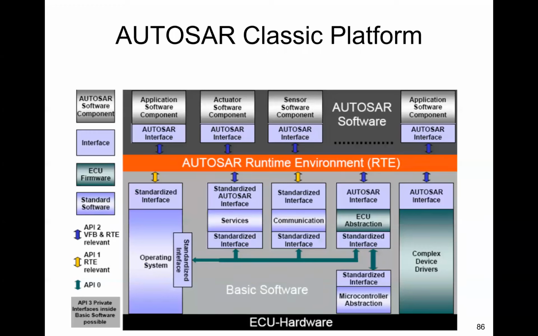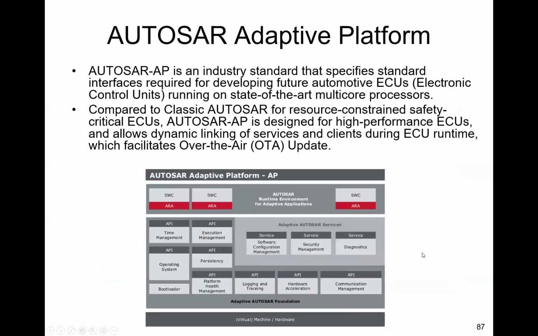Here's the AUTOSAR Classic platform. This existed way before autonomous driving for any kind of ECU, large or small. So it has a real-time operating system and all the standardized interfaces for communication, for device drivers, and so on.